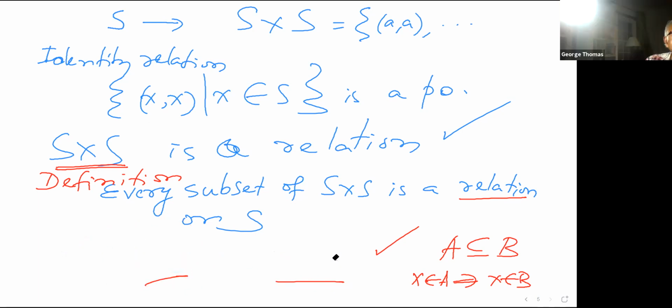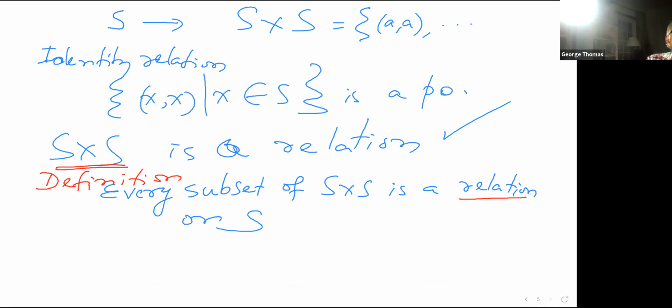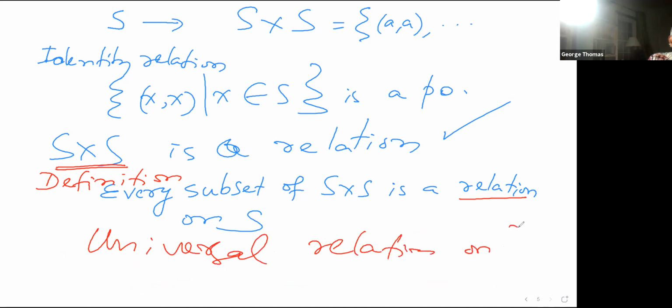Such a relation is called a universal relation on the set S. Unfortunately, it is not a partially ordered set.